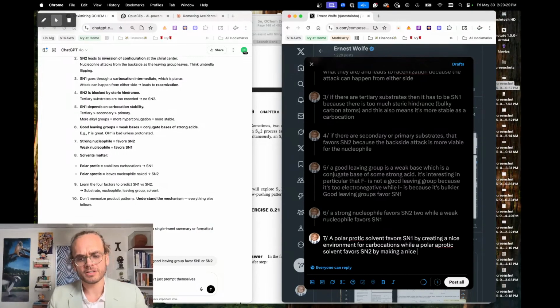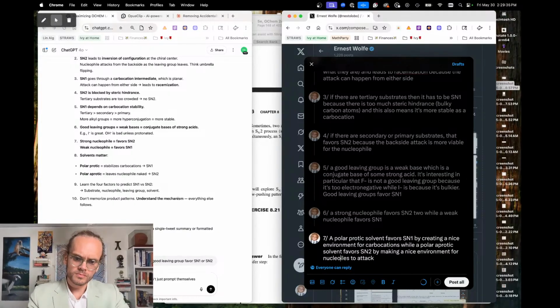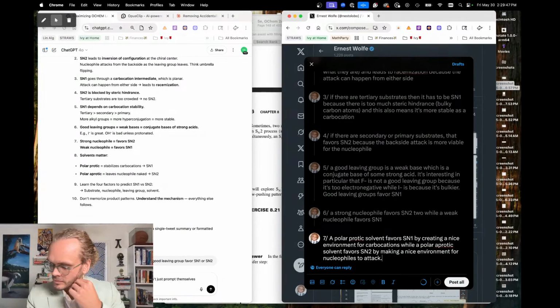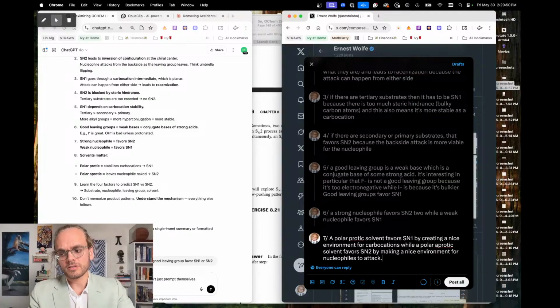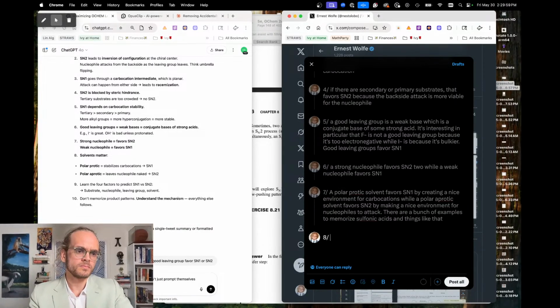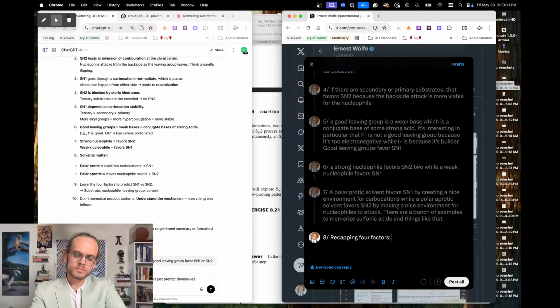Environment for nucleophiles to attack. There were a bunch of examples to memorize, sulfonic acids and things like that. Recapping. 4 factors. Substrates.